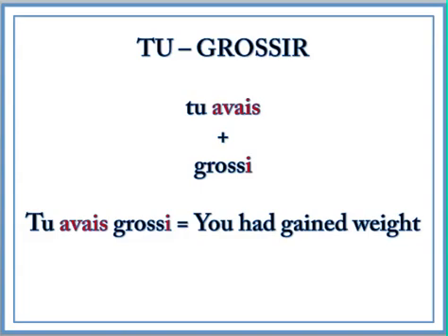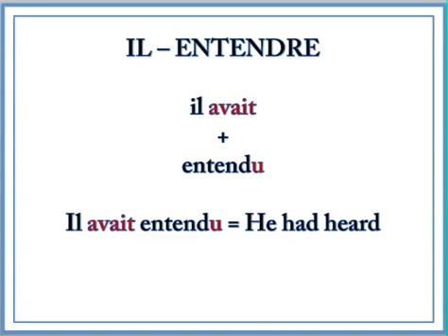Tu avais grossi. Tu avais, helping verb, grossi, past participle, you had gained weight. And an example in the third person singular using il as our subject and the regular RE verb entendre, which means to hear. So il avait, that's our helping verb, entendu, past participle. Remember, RE verbs, if they're regular, you just take the RE off of the infinitive and add a U, and then you have your past participle. Il avait entendu. He had heard.